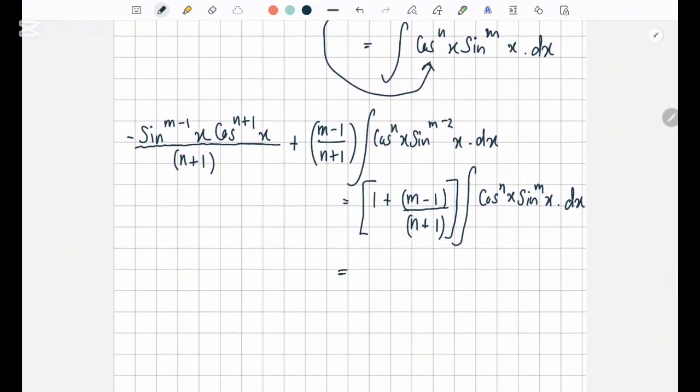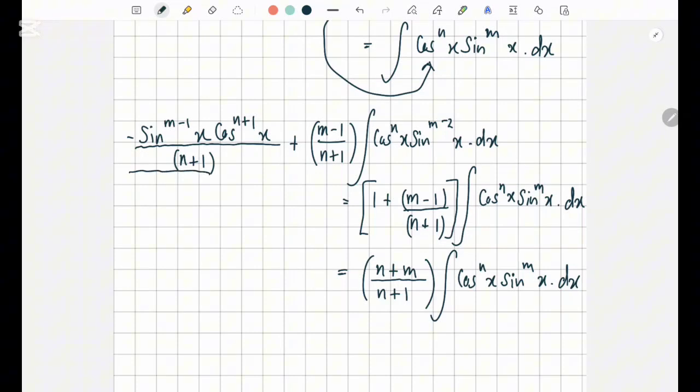So let's just focus on the right side. Let's solve this fraction over there. So it's going to be n plus 1 plus m minus 1 over n plus 1, right? You can see the ones cancel off, so we have n plus m over n plus 1. Now this is what we have.